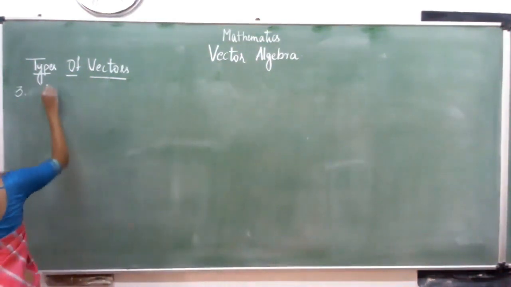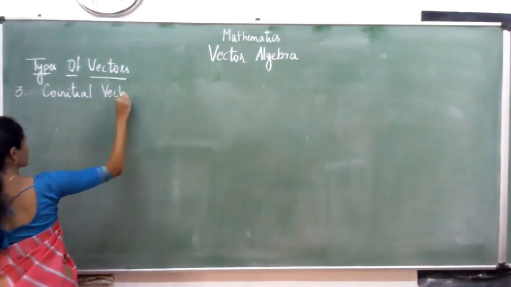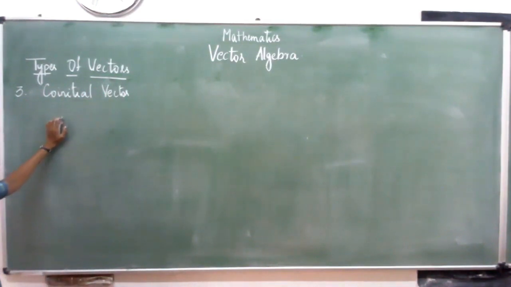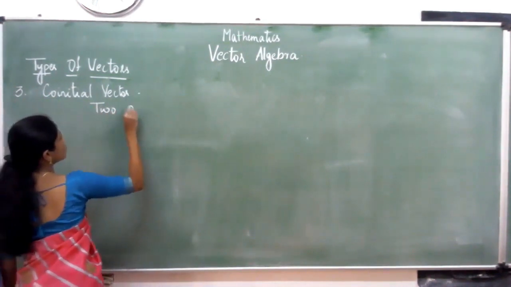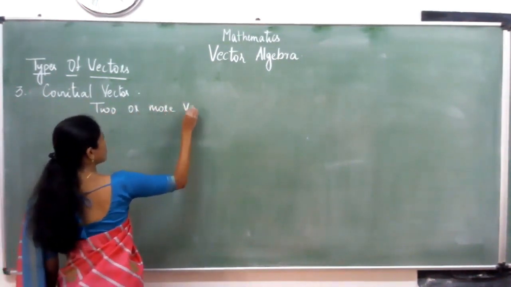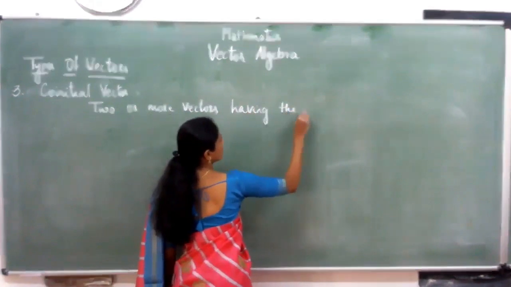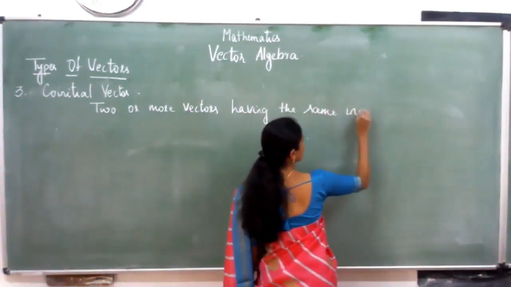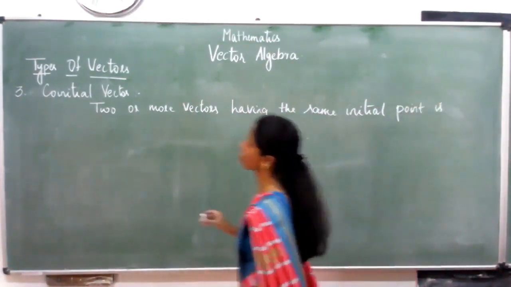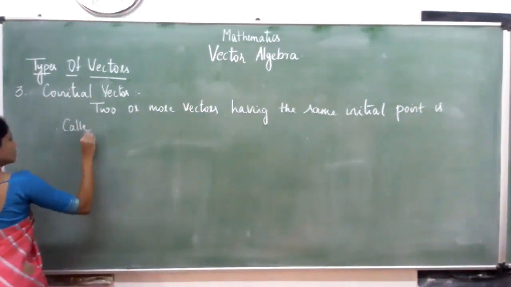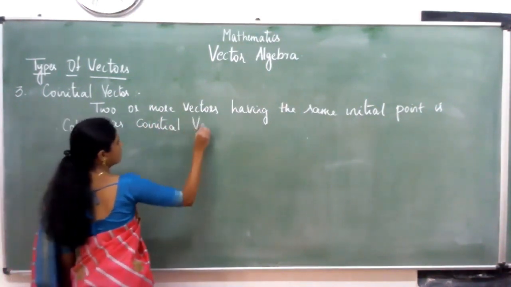Next type of vector is co-initial vector. So as the name suggests, two or more vectors having the same initial point are called co-initial vectors.